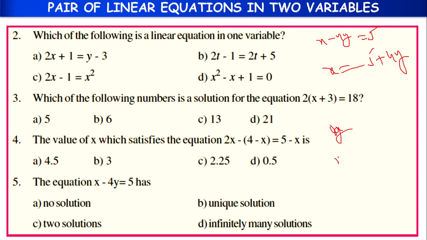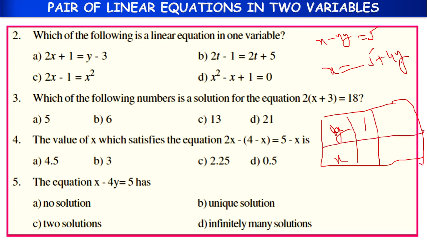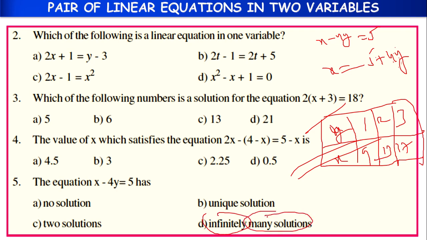We can take a y value and get the x value. When y is 1, 4 into 1 is 4, plus 5, 9. The x value will be 9. When y is 2, 4 twos are 8 plus 5, 13. When y is 3, 4 threes are 12, 12 plus 5, 17. Like that, for different values of y, we can have different values of x. So we can have infinitely many solutions.